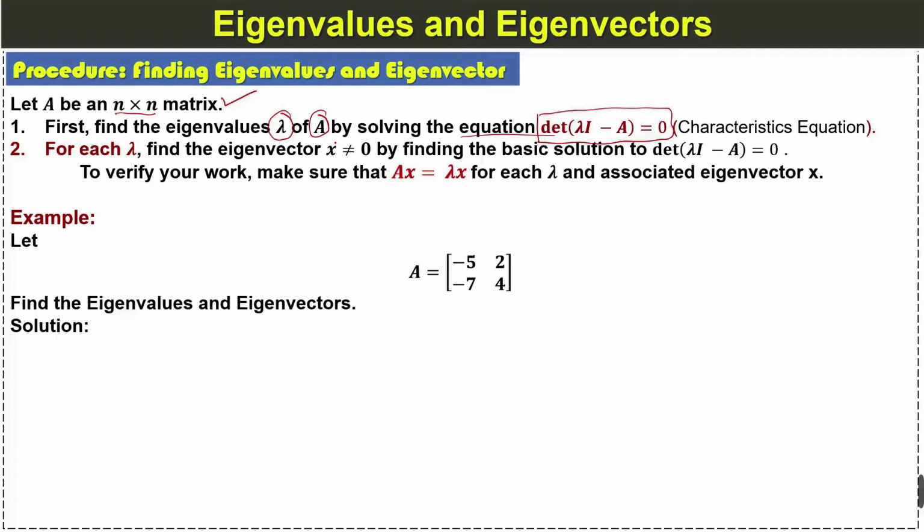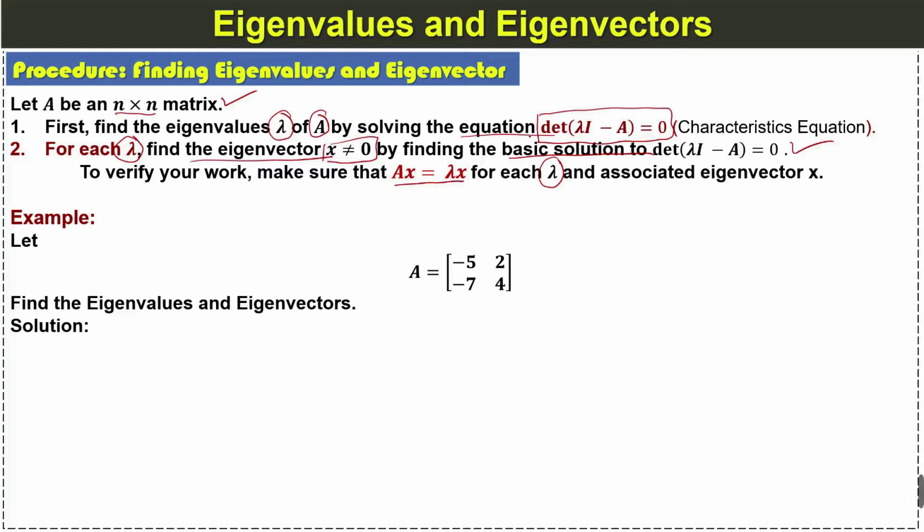Second, for each lambda we find the non-zero eigenvector by finding the basic solution to this equation. We also have to verify whether this is correct for each lambda and the associated vector. So these are the two steps to calculate the eigenvalues and the eigenvectors.